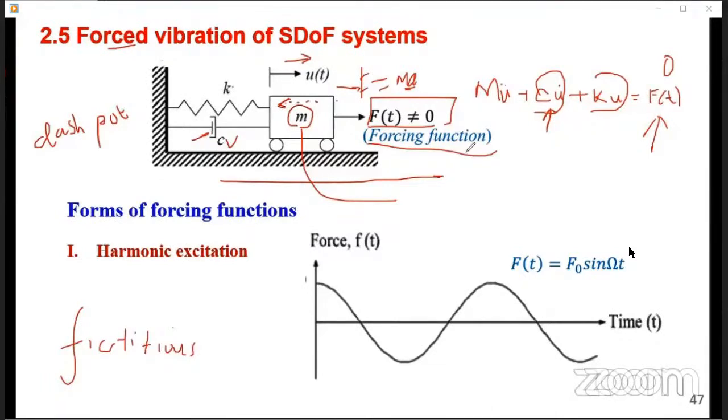We talked of different types. Some of them are periodic, others are non-periodic, and periodic are those that occur repetitively. In periodic, we had the case of harmonic. Harmonic is when that repetitive motion occurs in the form of a sinusoidal wave.